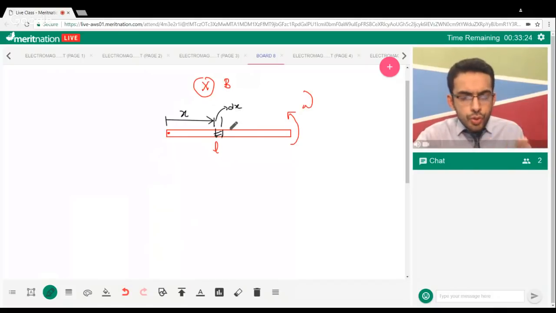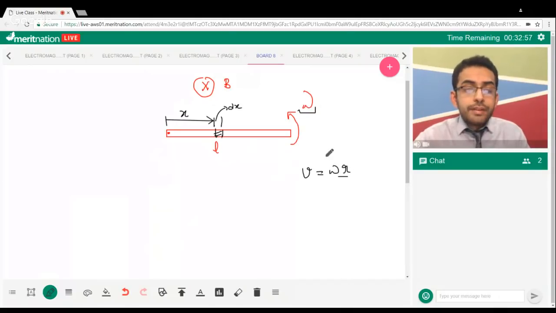Okay, so can we calculate the velocity of the element? If the complete rod is having omega as the angular velocity, then every part has the same angular velocity. Now we know that the linear velocity is given by omega times r, where r is the distance from the center or the axis.